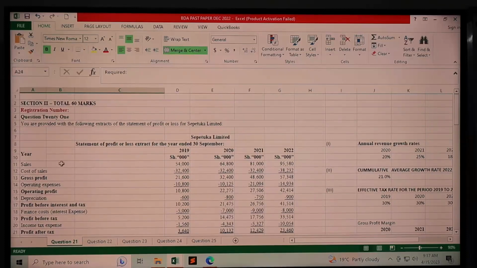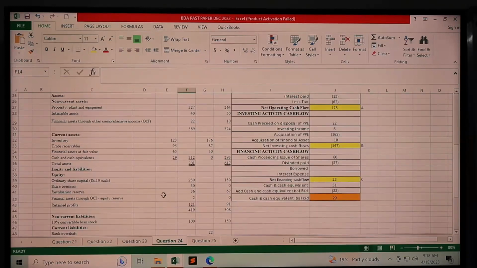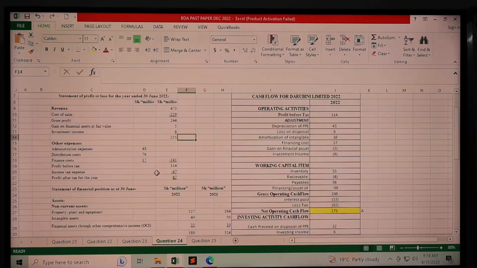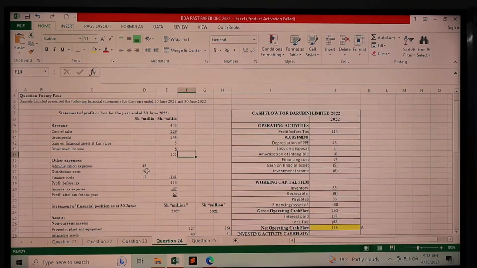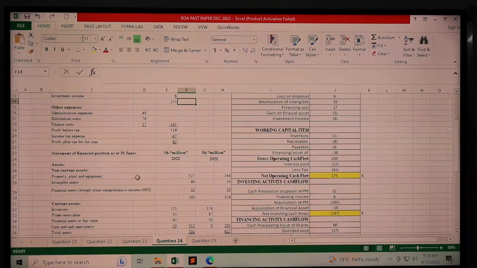Once you get the question, it's always better to first comprehend that question. Some question you see, you just click on it and find, oh, this is just cash flow, and you start computing the cash flow. You have not even read anything here. You should know the type of cash flow you're supposed to make, and the years.